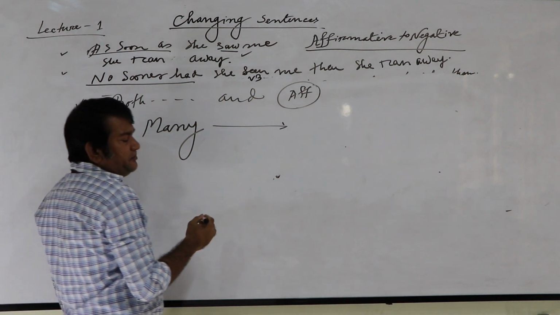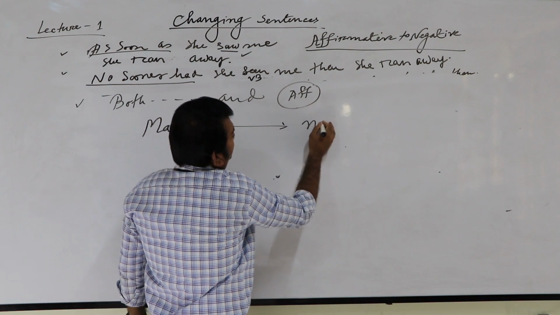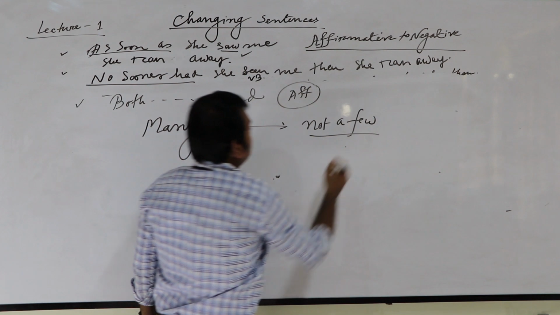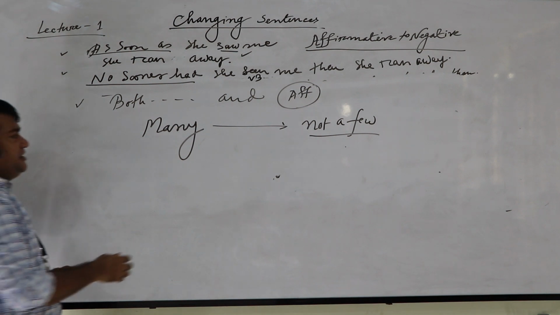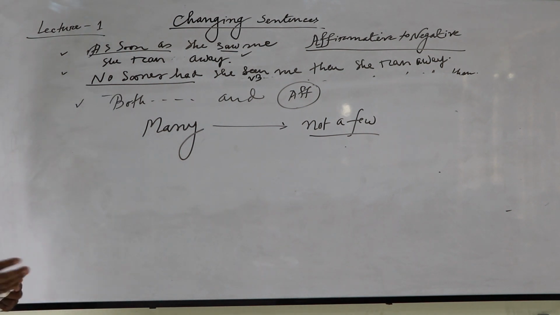Many থাকলে অবশ্যই many যুক্ত অ্যাফার্মেটিভ সেন্টেন্সে নেগেটিভ করতে হলে আমাদের ইউজ করতে হবে not a few. Not a few. So it's clear. If the affirmative sentence has many, we should replace many by adding not a few.